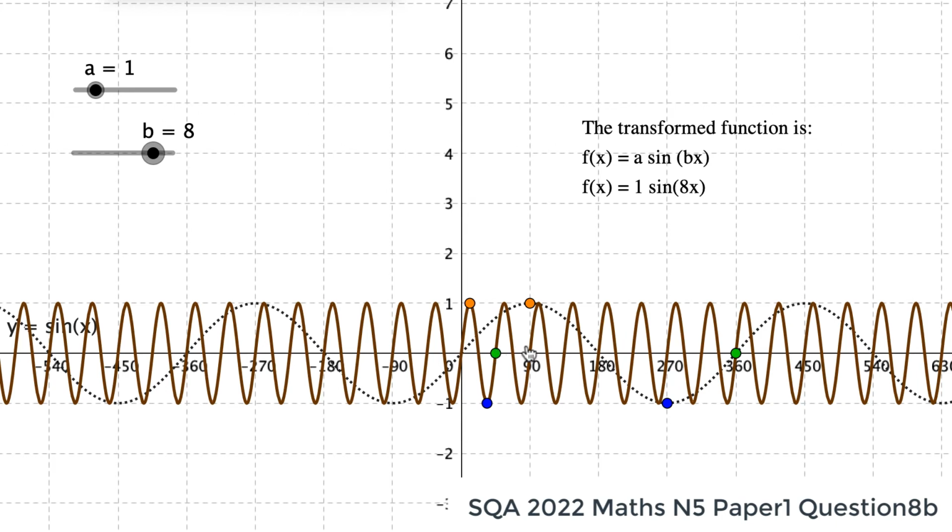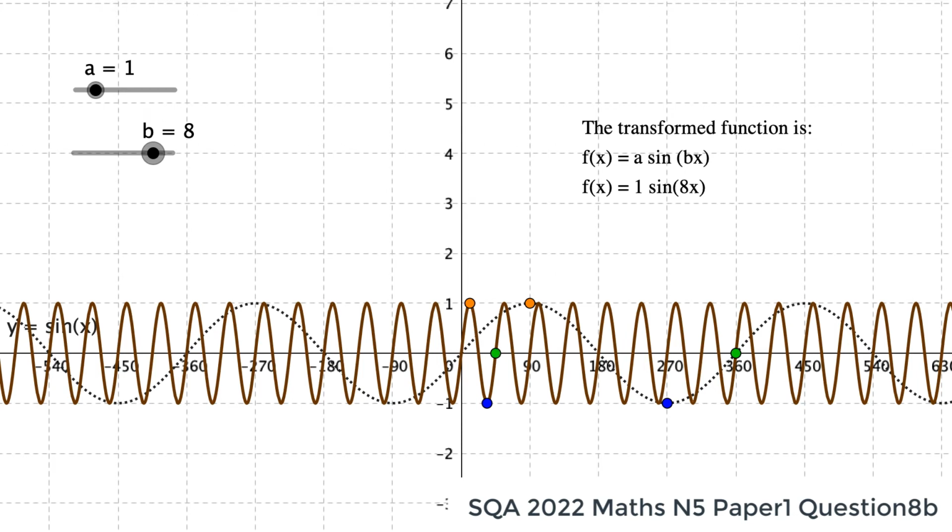Well, there's 1, 2 in the first 90. Another 2 cycles takes us up to 180. Another 2 cycles takes us up to 270. And another 2 cycles takes us up to 360. So it appears we've got our 8 cycles and that this is indeed 45 degrees.